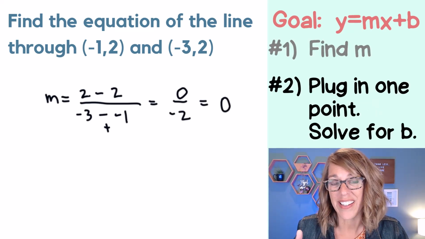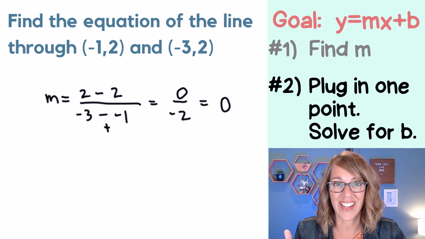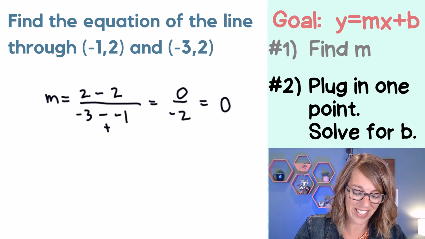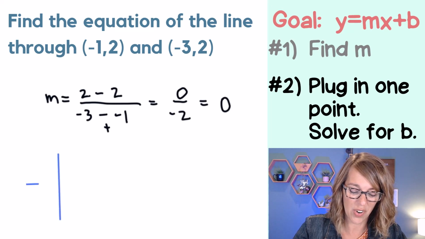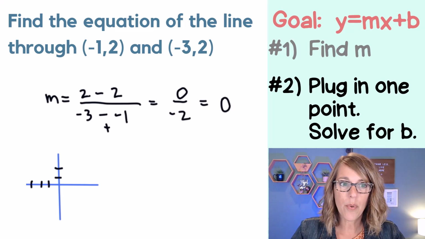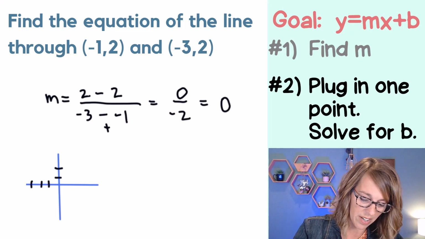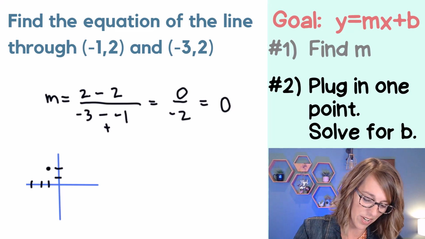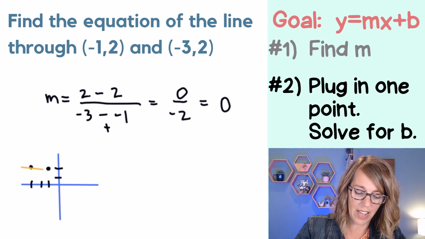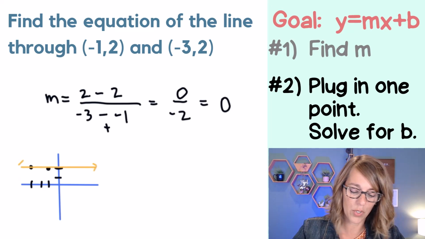Now, normally my next step would be to find b by plugging in a point, but I've got a slope of 0. I know that this is a horizontal line. Let me plot this really quick, and then I'm going to show you what that shortcut is. So as I plot this, I've got that point at (-1, 2), which is right here, and I've got that point at (-3, 2), which is right here. So if I plot that line, I end up with a line that goes right through 2 on the y-axis.